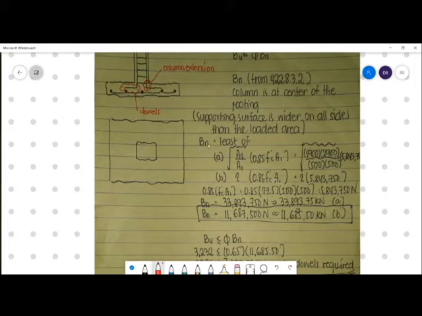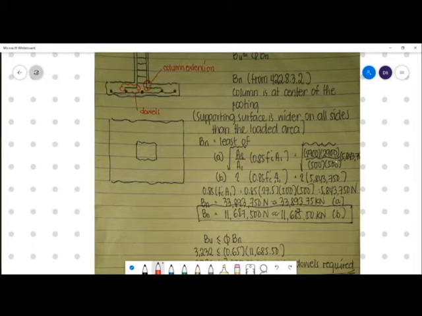We apply formula A and formula B. 0.85 f prime c A1 is equal to 0.85 times 27.5, 500 times 500, which is 5,843,750 newtons.